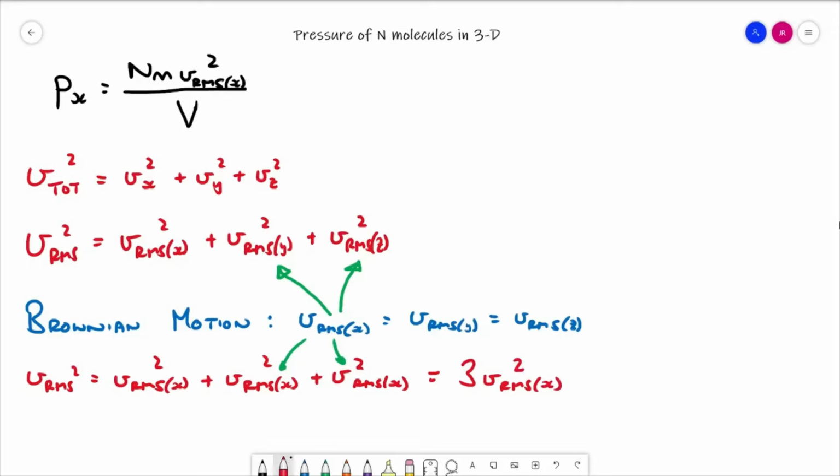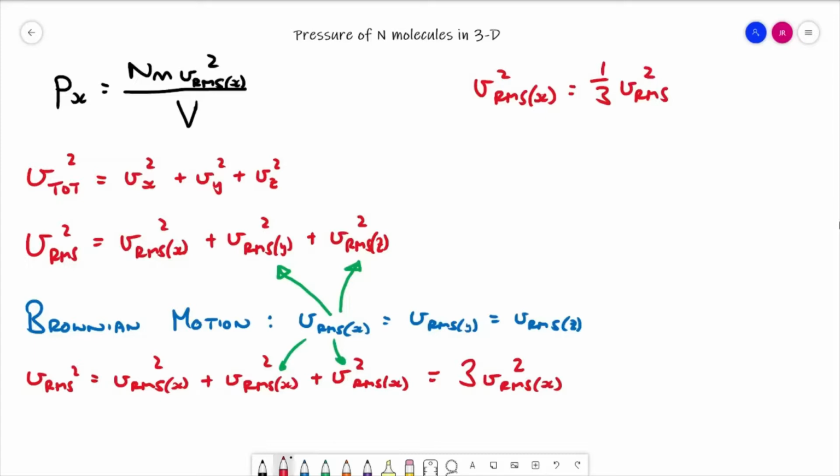If we divide both sides of this equation by 3, then we can see that v squared of the RMS in the x direction is a third of the total RMS squared.